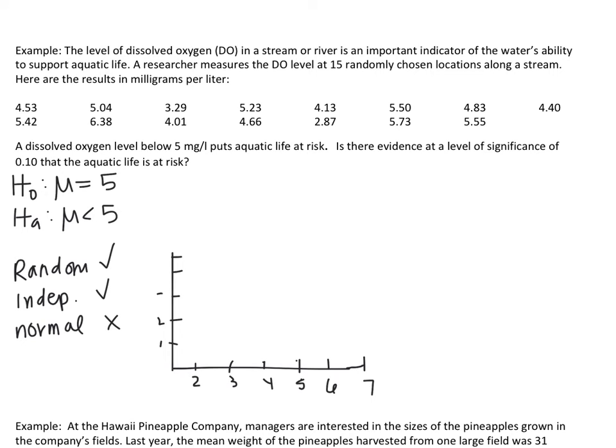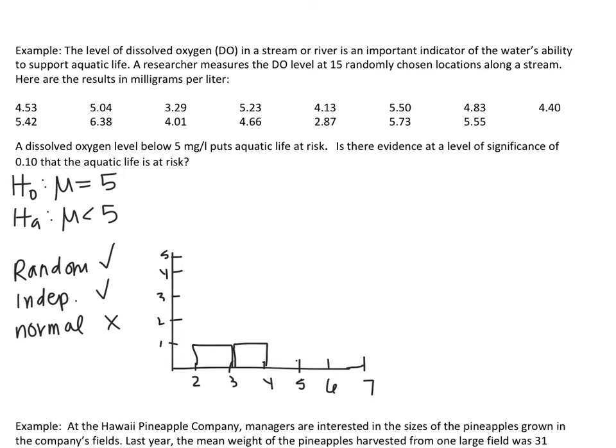So if we want to first check the number of values between, then we'll do our y-axis. These are the number of values that are in that range. So the number that are between 2 and 3, there's only one, 2.87. Then between 3 and 4, there's also only one, the 3.29. Then we have between 4 and 5. And we have 4.53, 4.13, 4.83, 4.4, 4.01, 4.66.